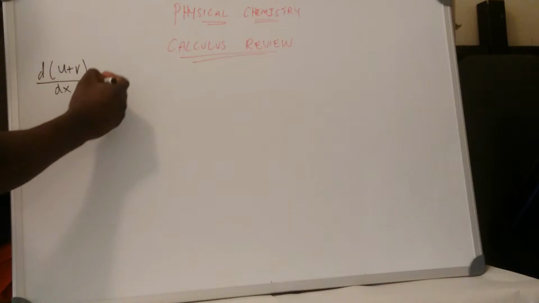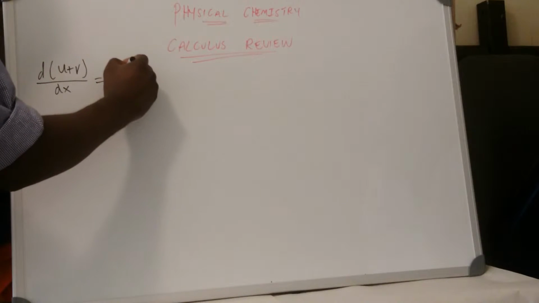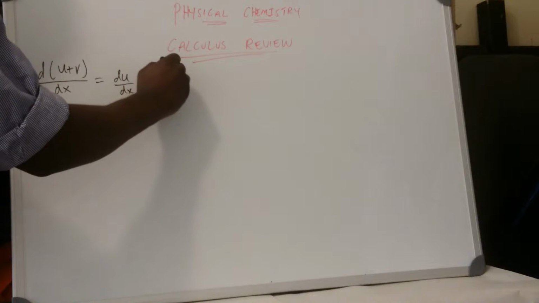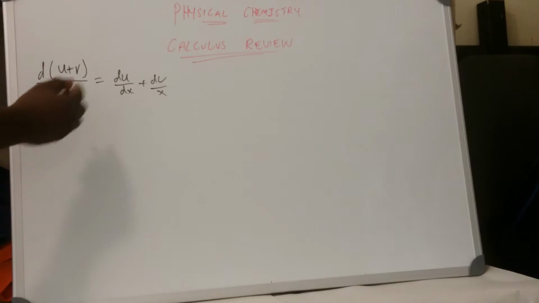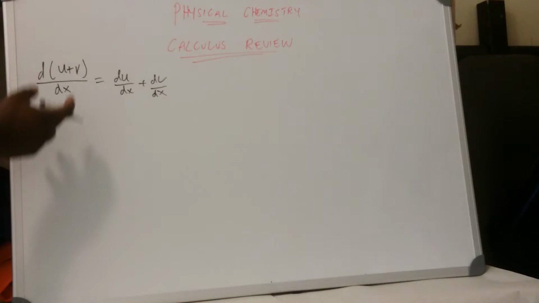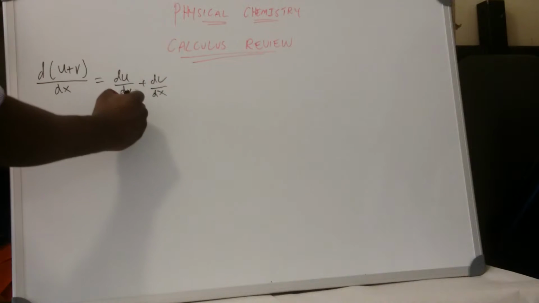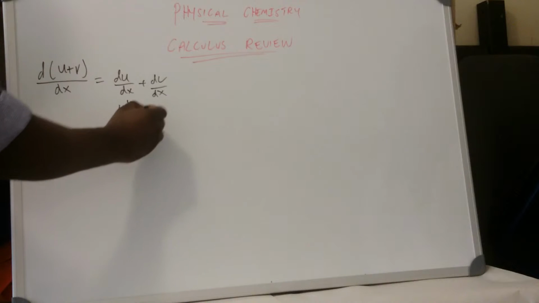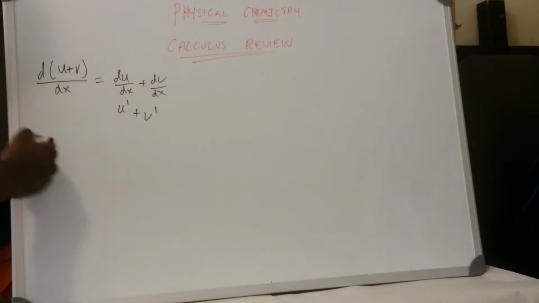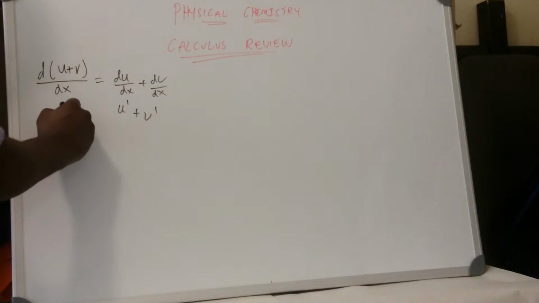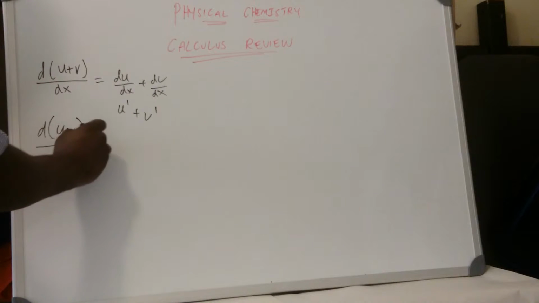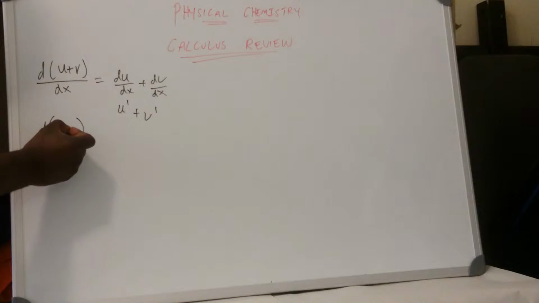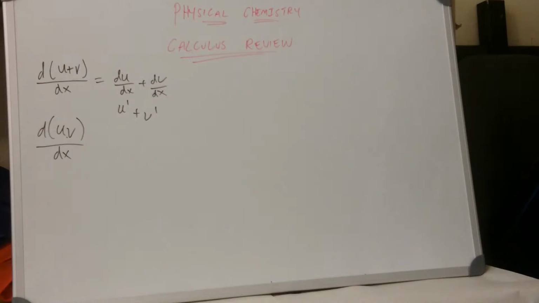So going further, d/dx of u plus v is equal to du/dx plus dv/dx. Sorry, this can be written as u prime plus v prime. Now the product rule. We have d(uv)/dx, pretty much the product rule, so I can make an imaginary dot there.